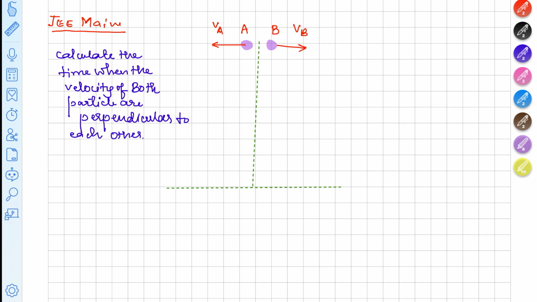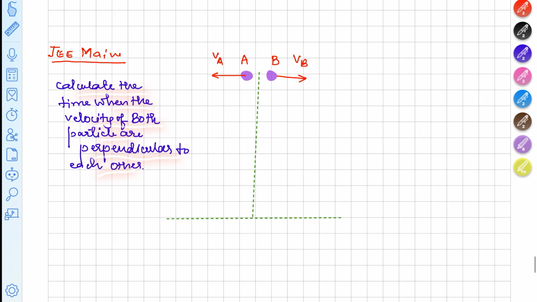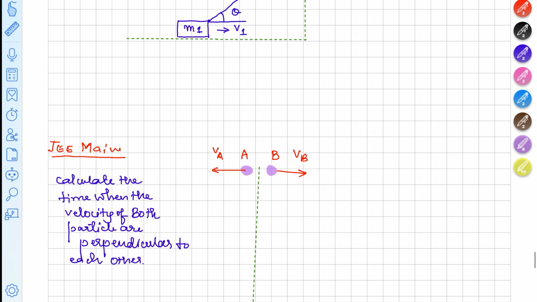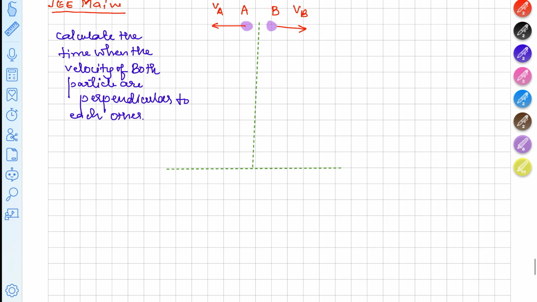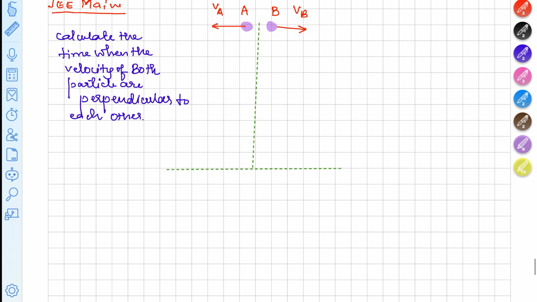This is the question. Just like we know, this particle goes along this path and this particle goes along this path, and we are asked to calculate the time when the velocities of both particles are perpendicular to each other.